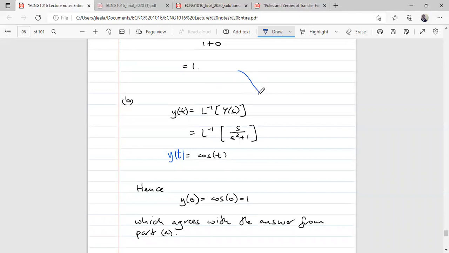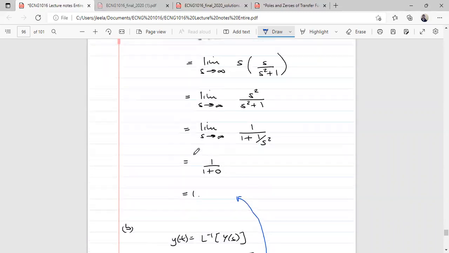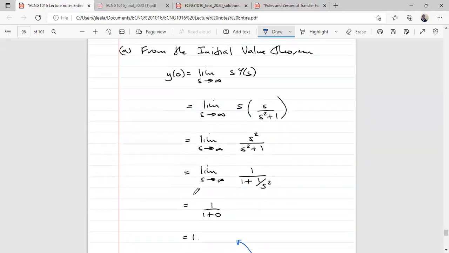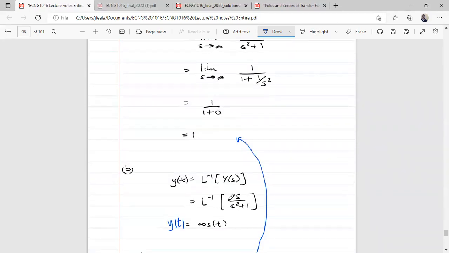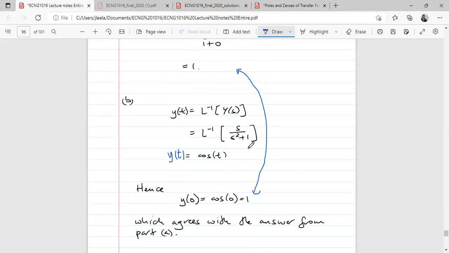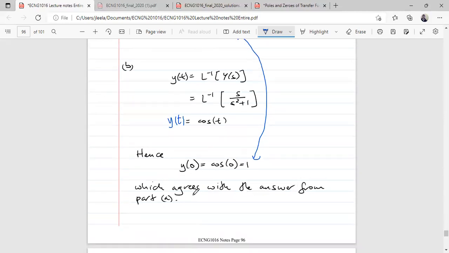So you see how these two answers coincide. But the benefit is finding the initial condition without taking the inverse transform. You didn't have to take the inverse transform in part A. That is convenient because sometimes you might not remember how to find the inverse transform if it's a complicated Laplace transform function you're dealing with, which agrees with the answer from part B.